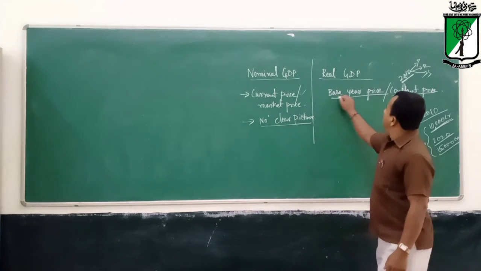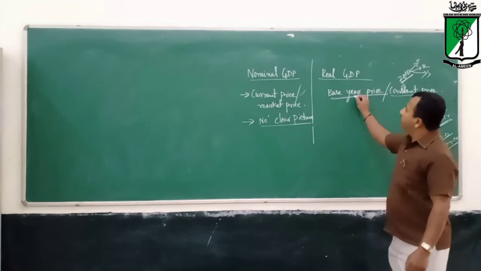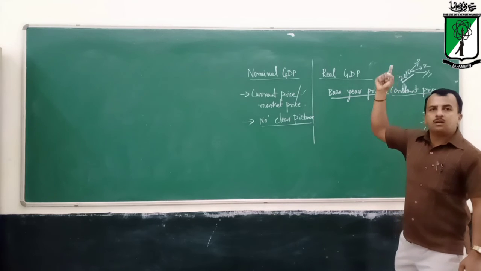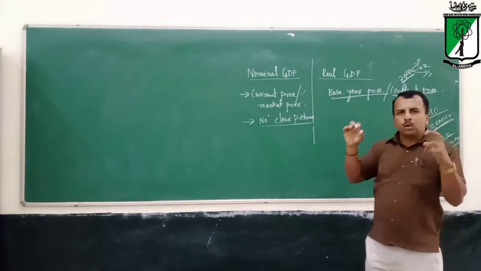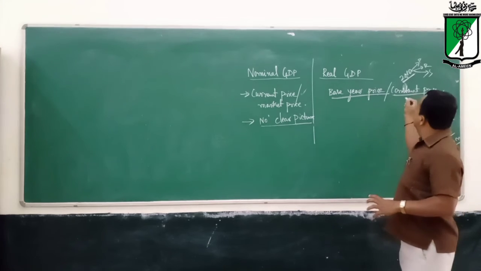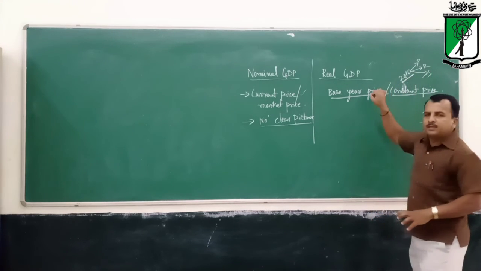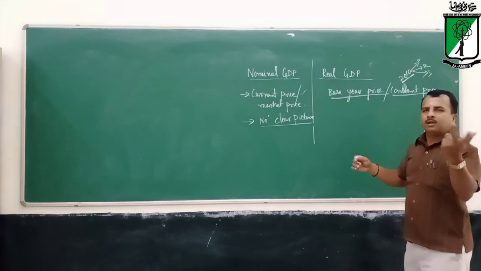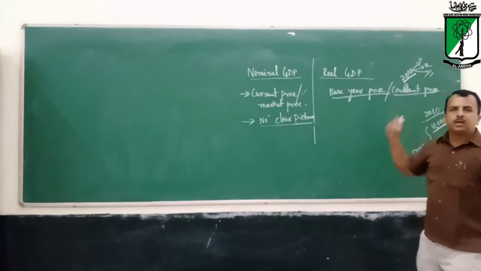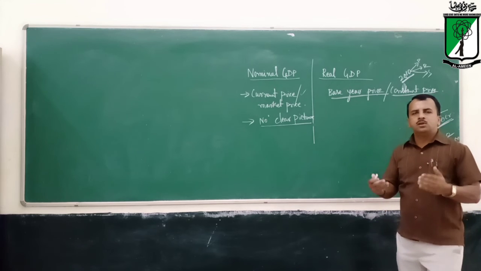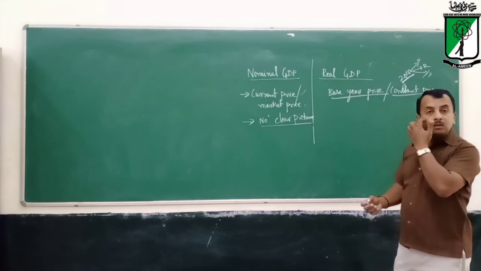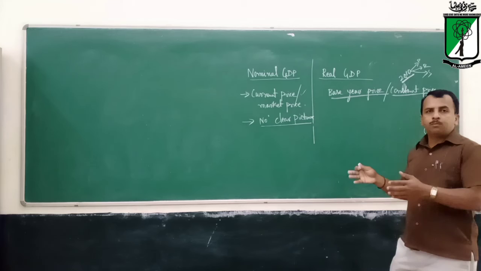Whereas under real GDP, we consider base year prices or constant prices. Based on the constant prices, we measure the national income. It can be a constant price of any base year. I gave the example of 2010 prices, but we can consider 5 years back or 10 years back prices and measure the national income for the present year.